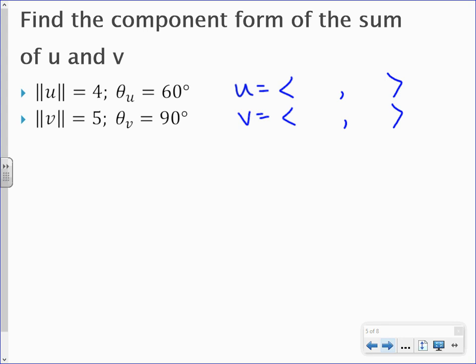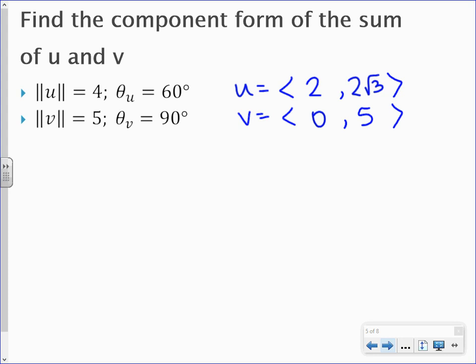Grace F., what do you have for u? 2 and 2 radical 3. Pods 1, 2, and 3, how do you feel about that? Have some thumbs up. Great. Vector v. Kira, what do you have for that? 0, 5. Pods 4, 5, and 6, how do you feel about that?